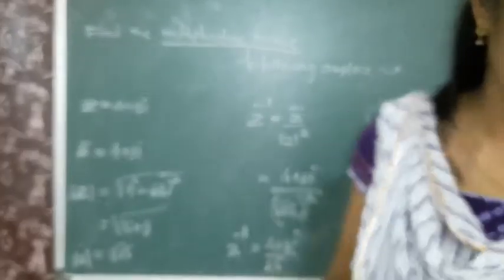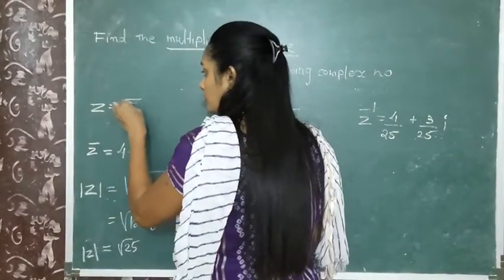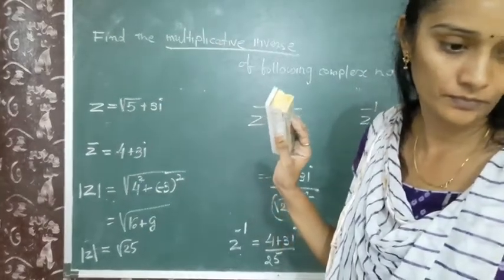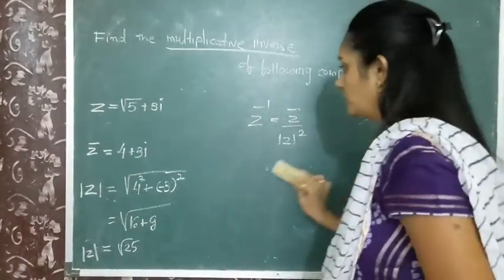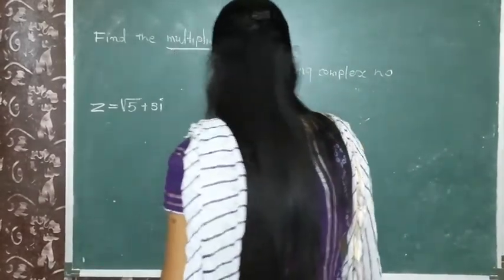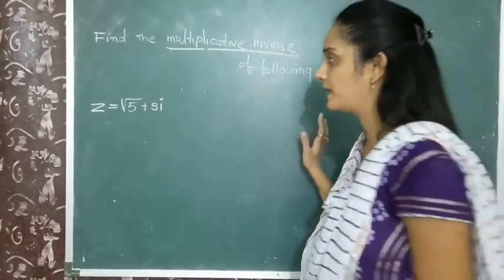Now next sum: root 5 plus 3i. For multiplicative inverse, first we have to find the conjugate.